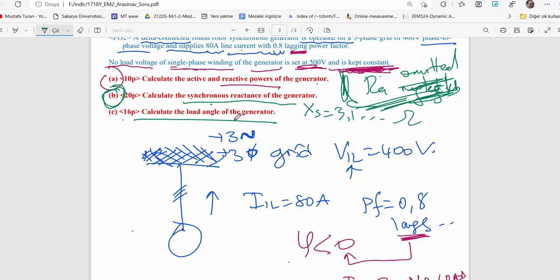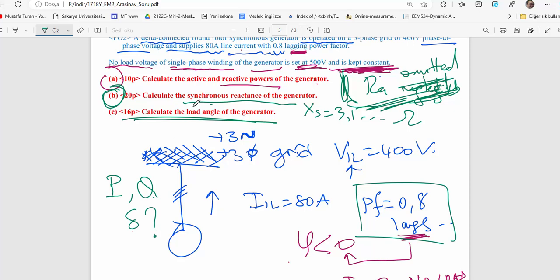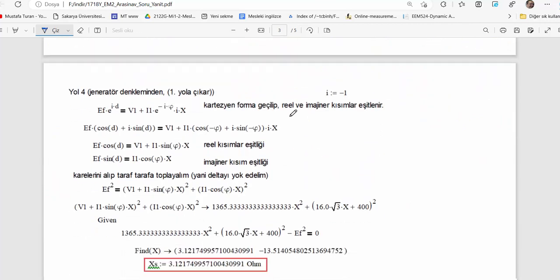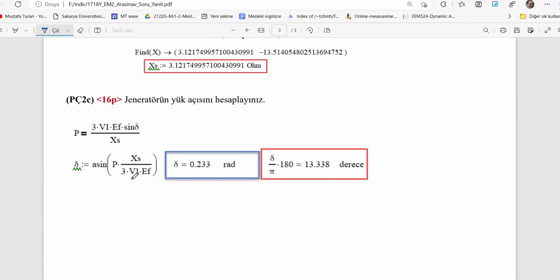ohms. Calculate the load angle of the generator. Now, as you see, the machine is delivering some active power and some lagging reactive power. And then here is some delta. I don't know, but let's calculate. It looks easy because we know Xs, we know V1, we know EF kept constant at its initial value.